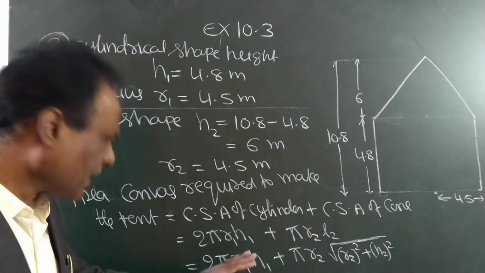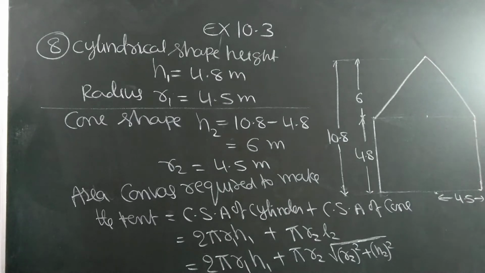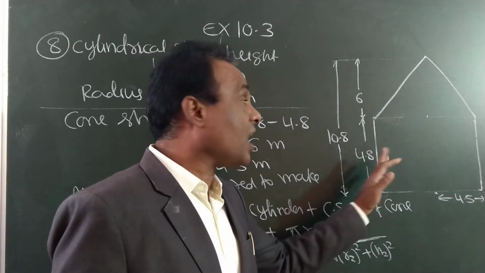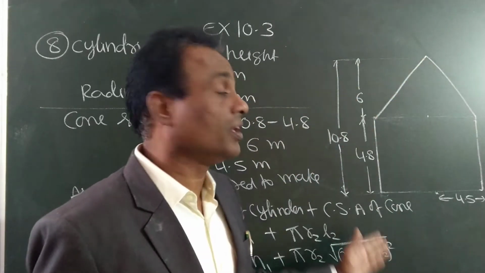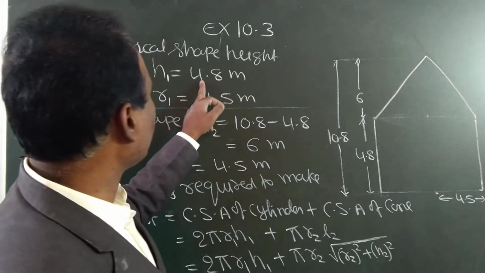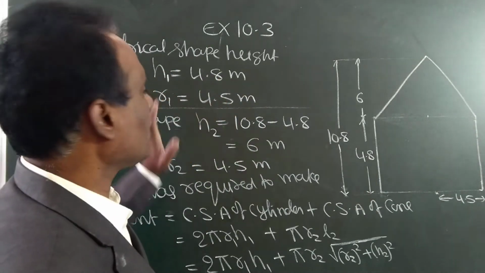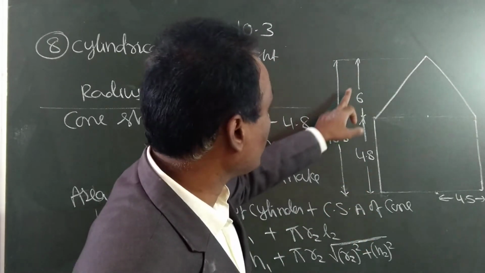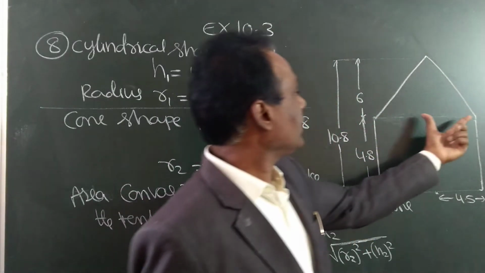Like that we can simplify. Write down up to here. Draw the rough figure: up to here a cylinder, and above it a cone. The cylindrical portion is 4.8 and 4.5, H1 and R1. The conical portion is total 10.8 minus 4.8, which is 6, and the radius is the same.